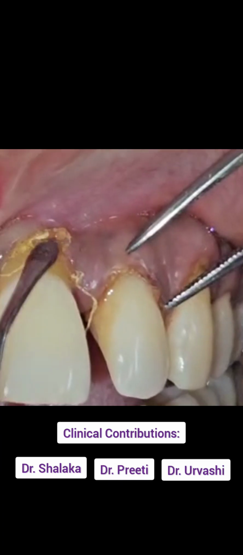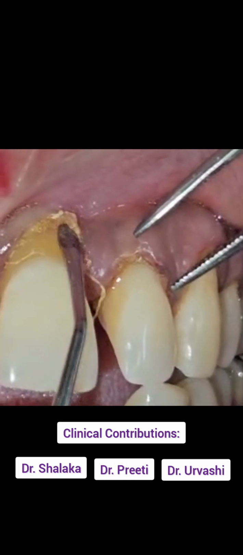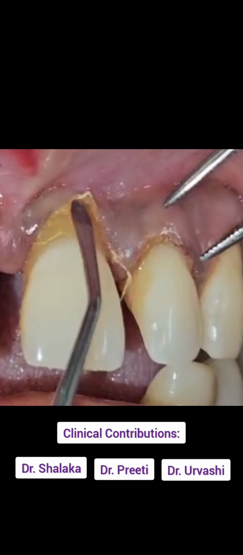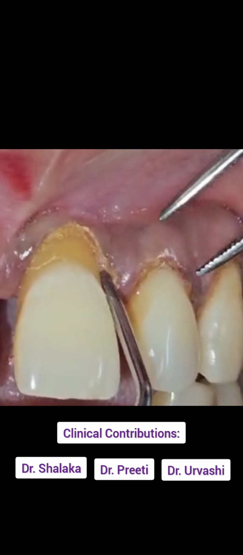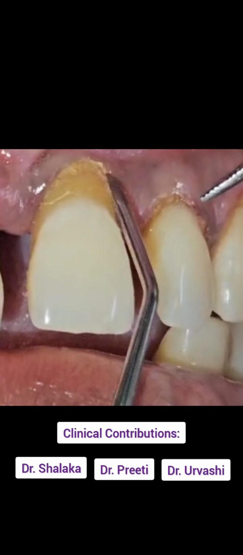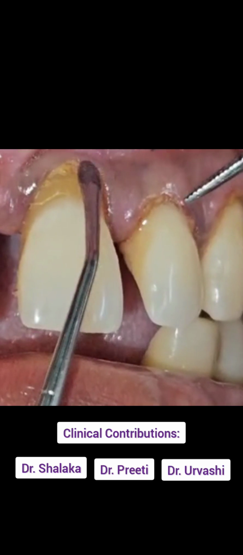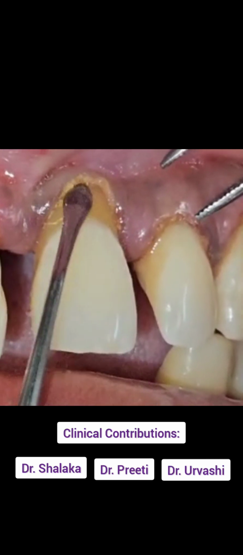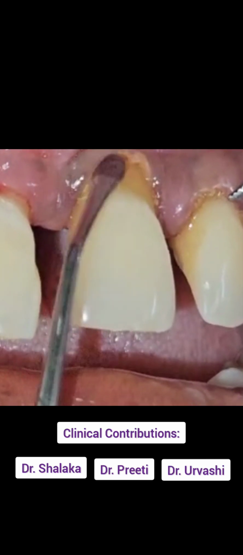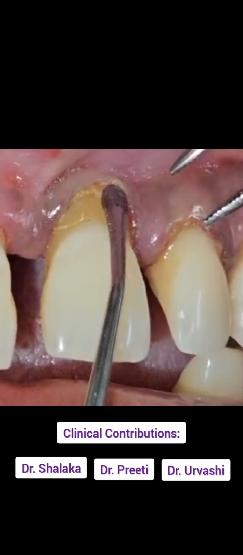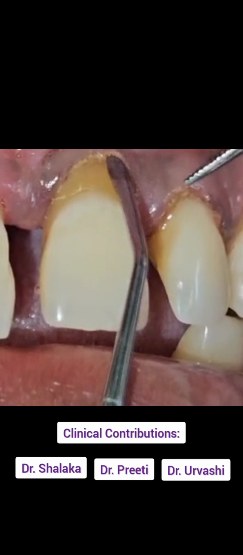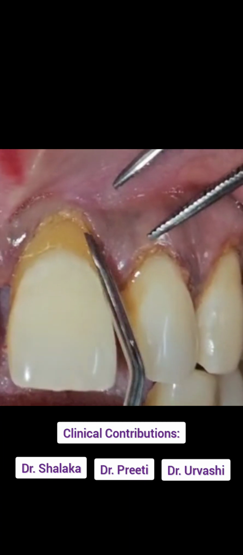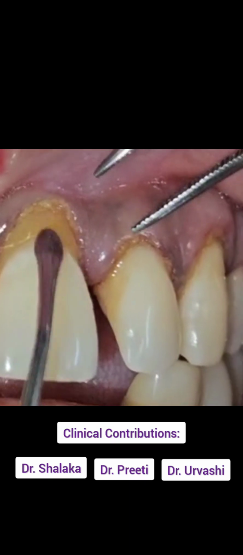Once that is done, care must be taken not to traumatize the gingival areas. So here it is almost packed completely inside the pocket area.